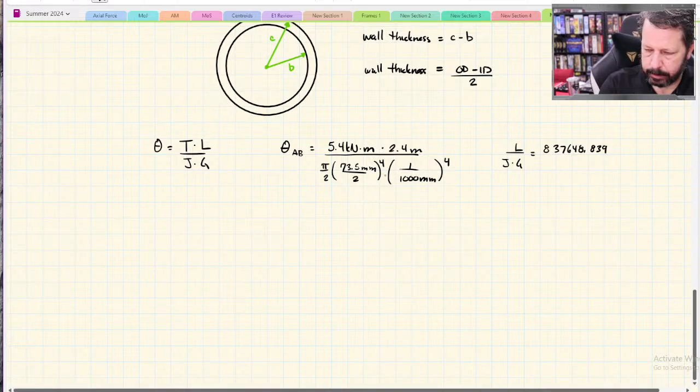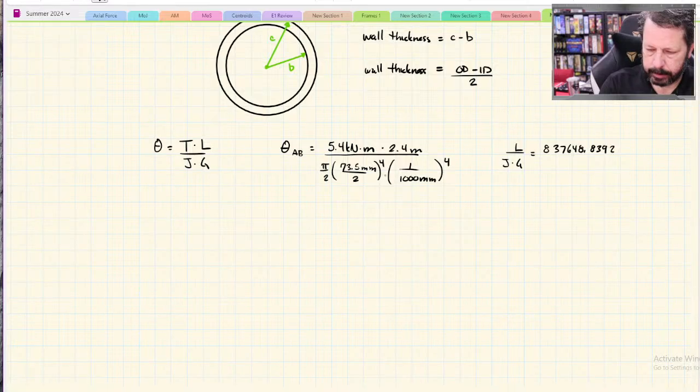83764.8392. That doesn't seem right, actually. Let me check that again. Let's see. 73.5. Well, 0.0735 would be the meter version of that, divided by 2, raised to the fourth, times pi over 2, and then 2.4.